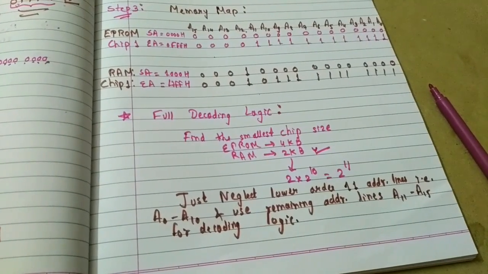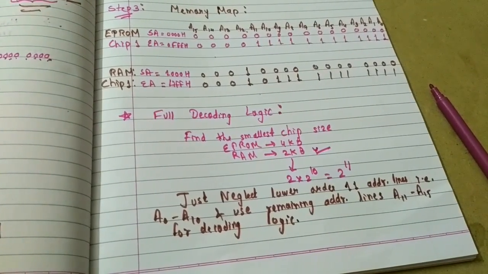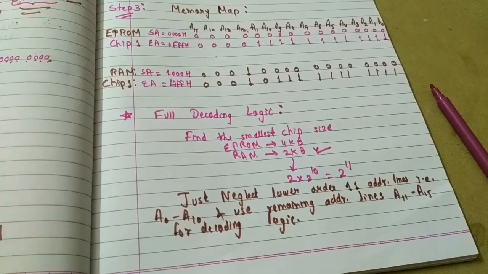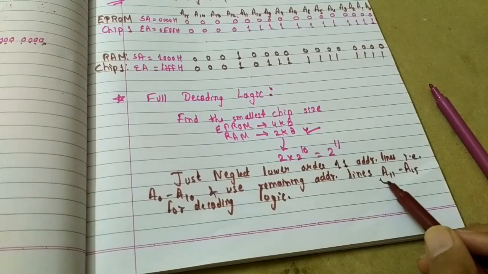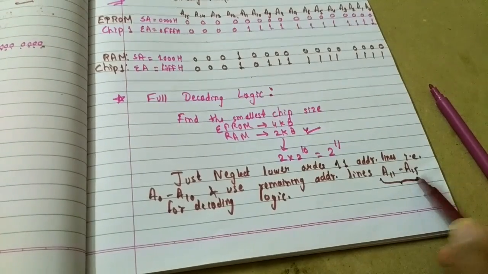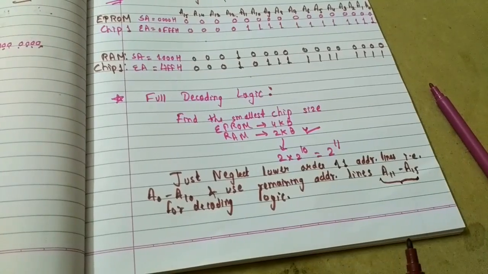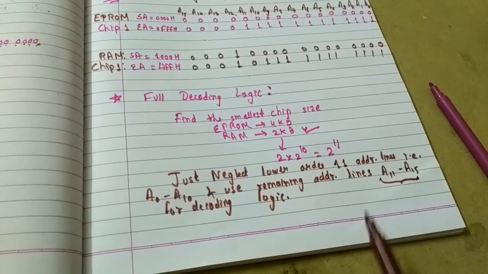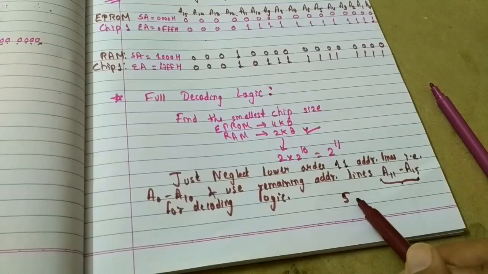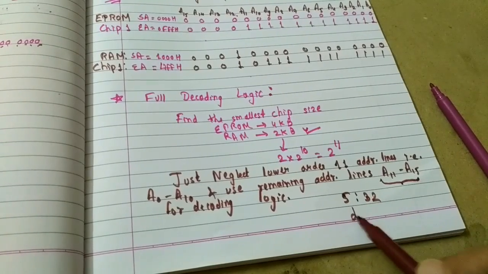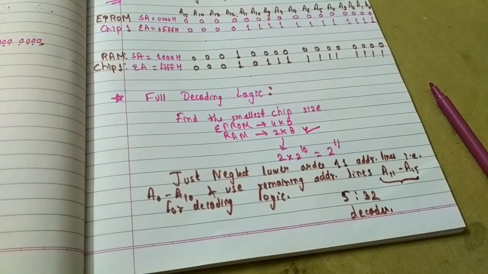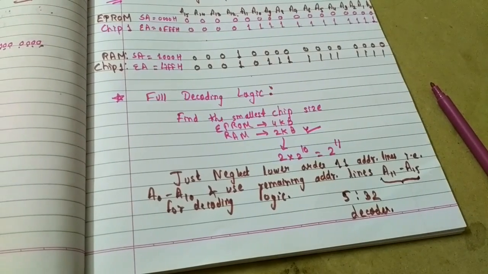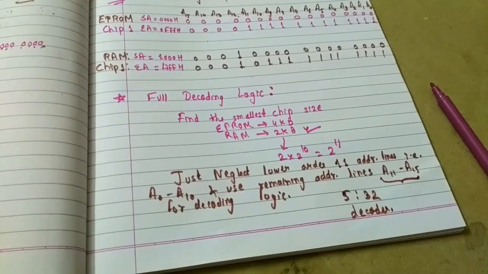Simple. So we are left with these 5 higher order address lines, so we will use a 5 to 32 decoder. Now how will we use the 5 to 32 decoder? Let me explain on the next page.